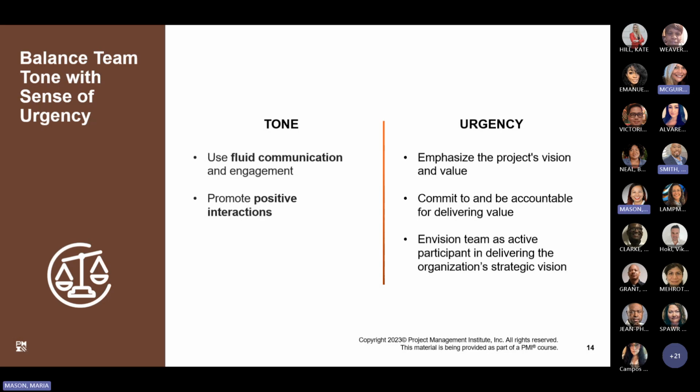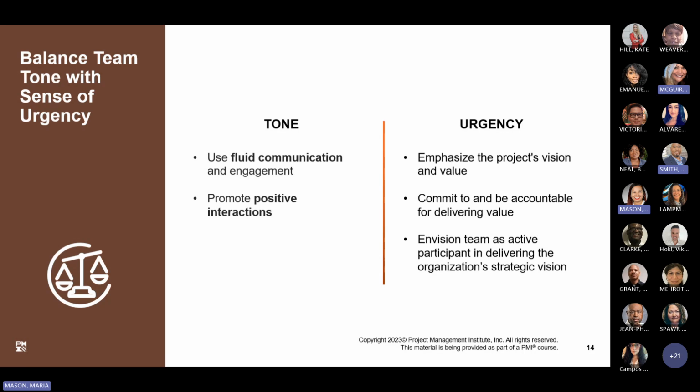And so if you think about how do you do it, it's balancing consistency and motivation and emphasizing that sense of shared understanding of the value and the project. So it's important that the team's not just working on the project, but they understand the value of the project to the organization and how that project helps your organization achieve its strategic vision.